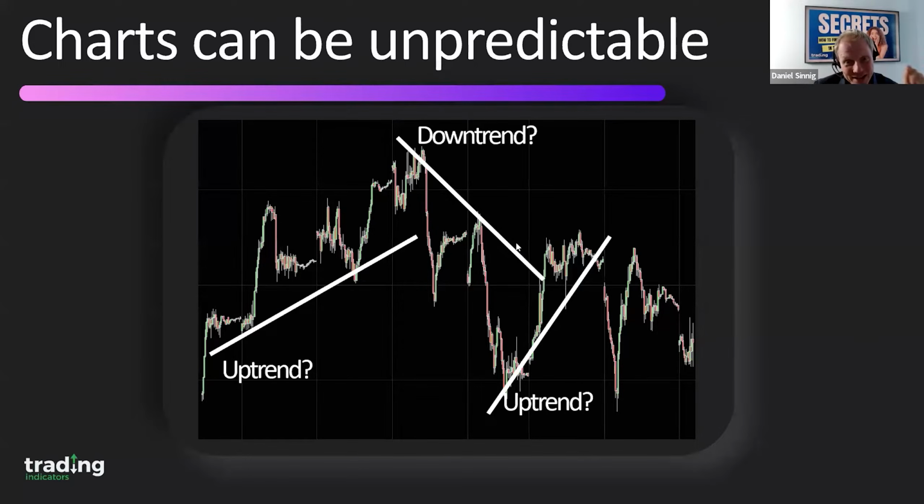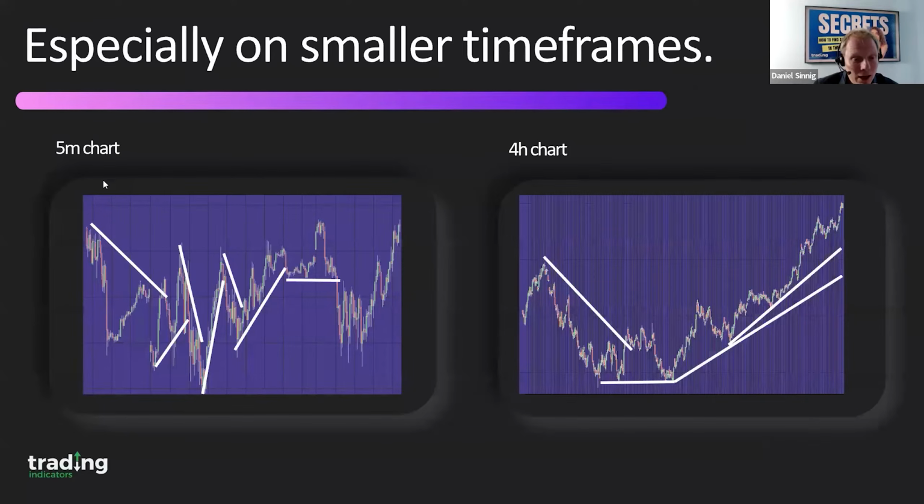And this actually gets even worse if we look at these smaller time frames. For example, on a 5 minute chart, things seem to be even more unpredictable, even more erratic. You can see it here. But let me make one observation. I think many traders have made the same observation as well. Once you start zooming out, going to a larger time frame, things tend to become a bit clearer.